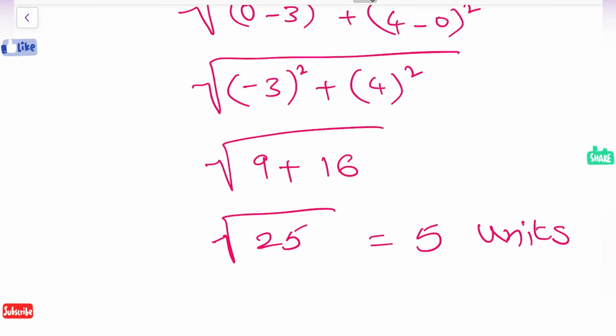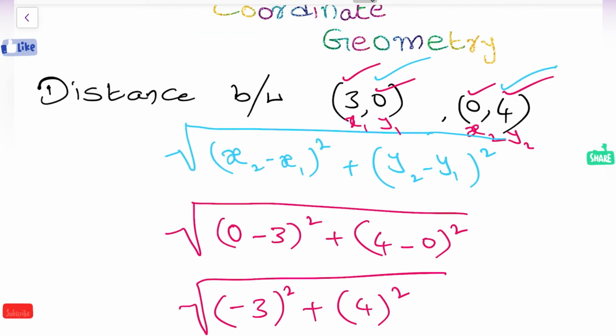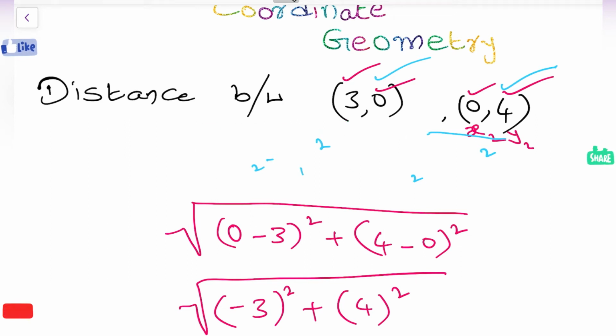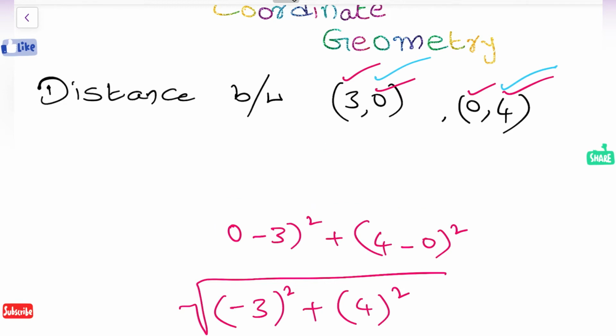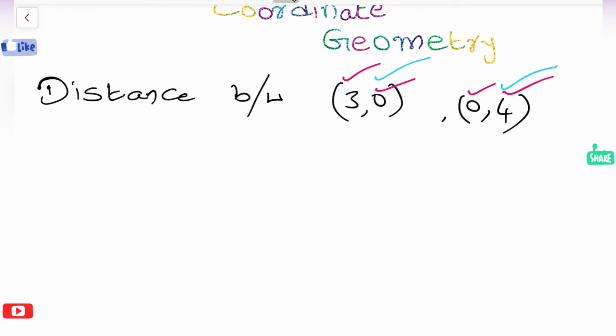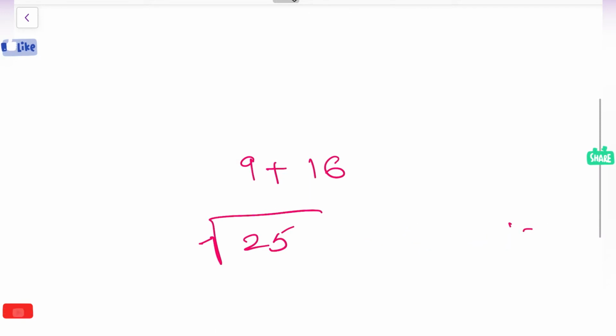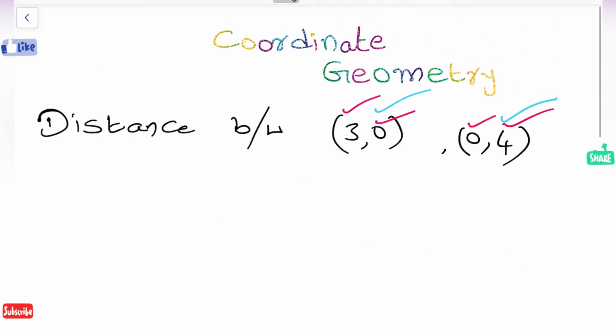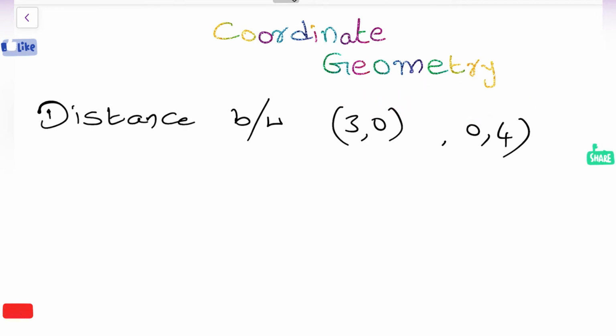Okay, next, the second type of question. Okay, the second type of question what they will give means distance between 3, k and 0, 4 is 5 units.